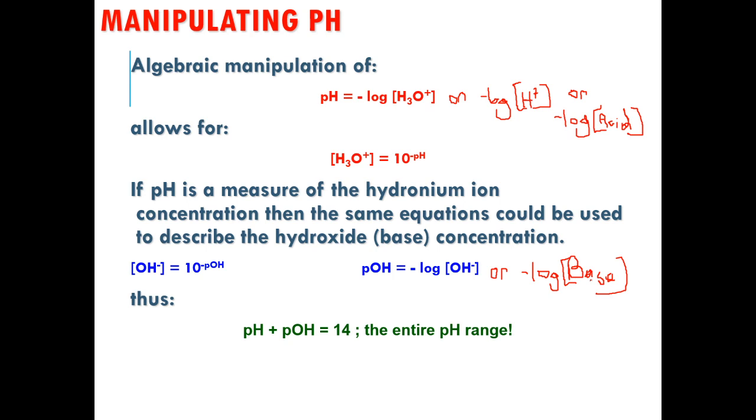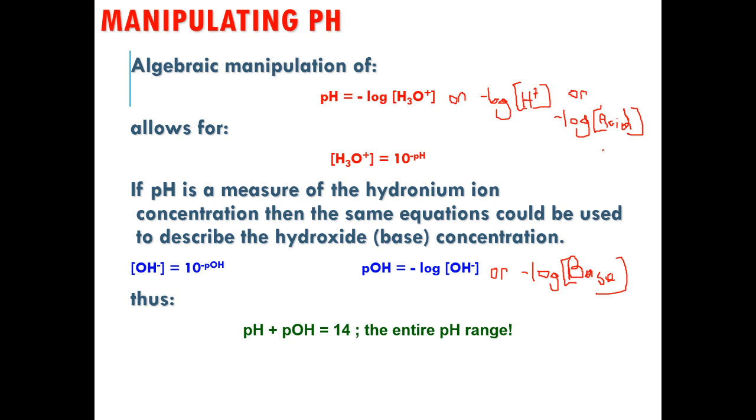One thing you do have to pay attention to here and here is how many hydrogens are given up. If it's a single hydrogen acid, then it's straight whatever the molarity is. Same thing here, if it's a single hydroxide base, just use whatever the molarity is.